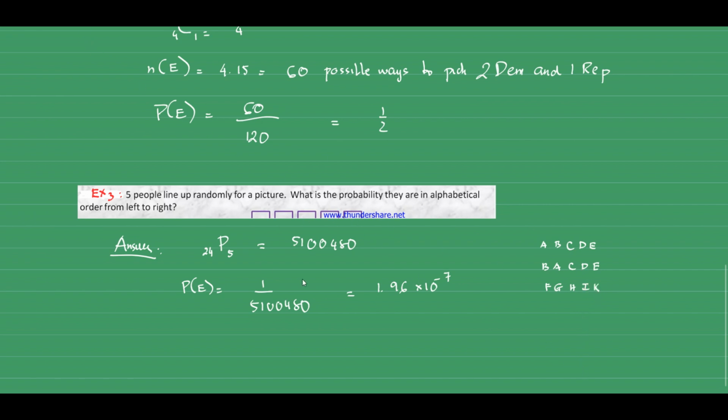You list all of them, and they give you that many. And you just pick one of them, one out of that many, so that gives you the probability.